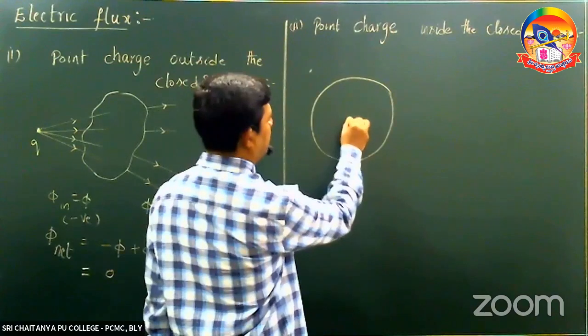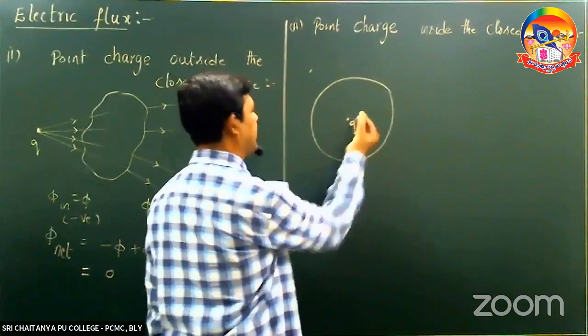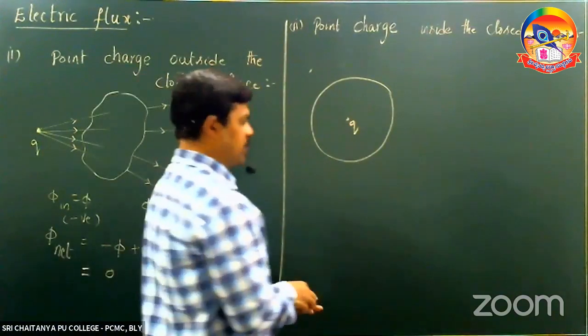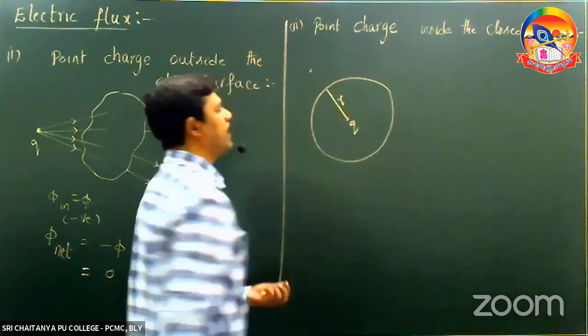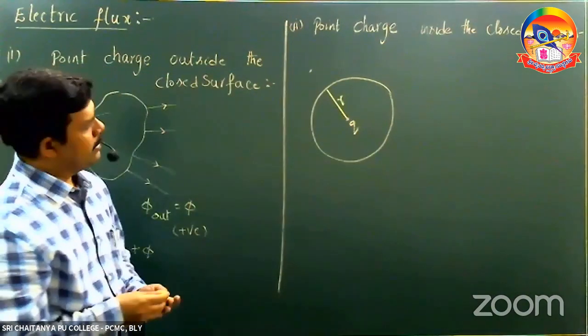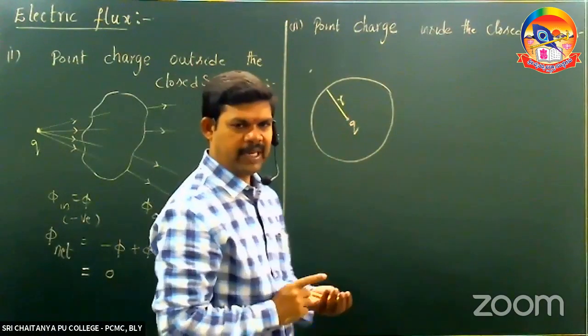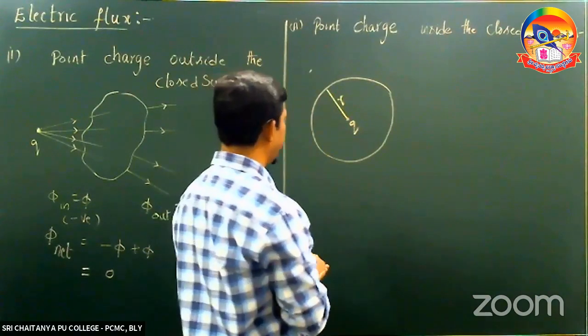I place the point charge here at the center. Point charge at the center of the sphere, whose radius is r. Then whenever charge is placed inside, yesterday we calculated what is the flux, how it is going to be.